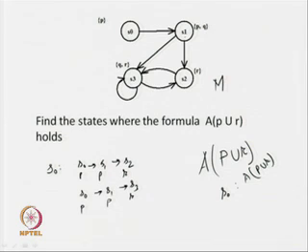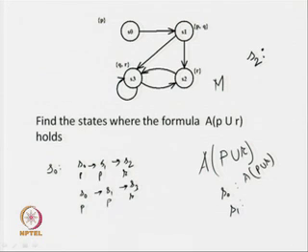Similarly, if I look into S1, it is simpler than the previous one, because from S1 we get two states, S2 and S3, where R is true, and in the preceding state S1 P is true. So we can say that in S1 also, P until R is true. Now we look into state S2.